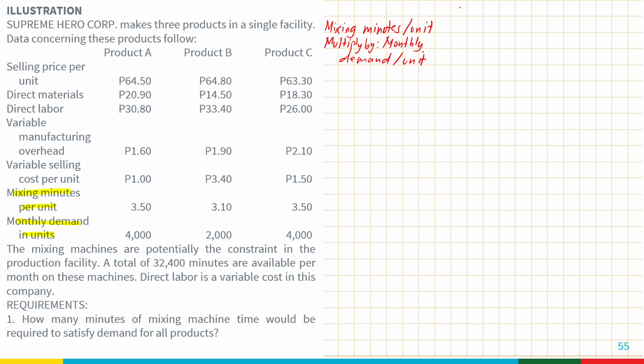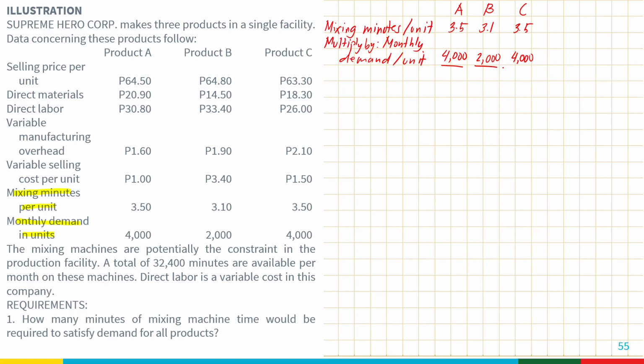For product A, we have 3.5 minutes. For the demand, we have 4,000. B, 3.1 minutes. Demand is 2,000 units. And for C, we have 3.5 minutes. And then the demand is 4,000 units also.